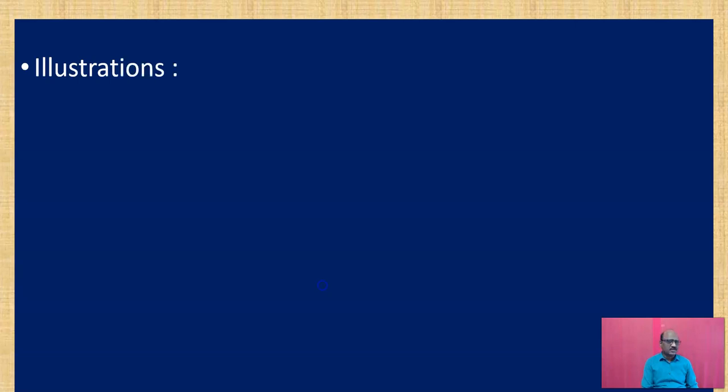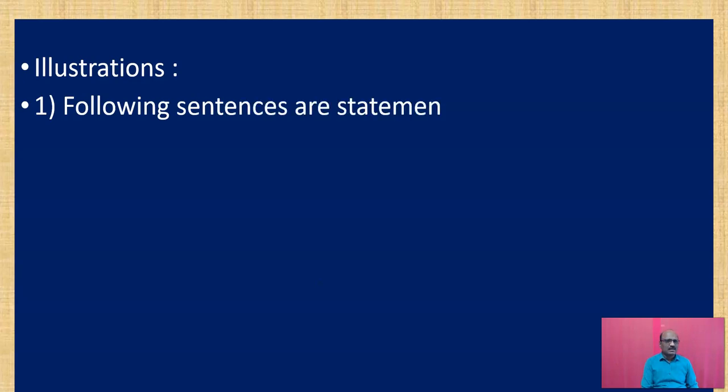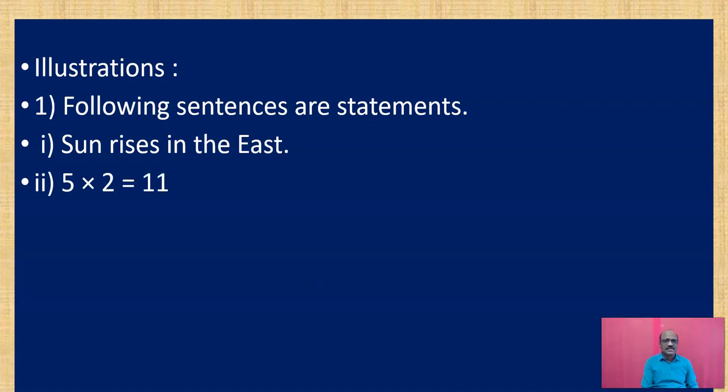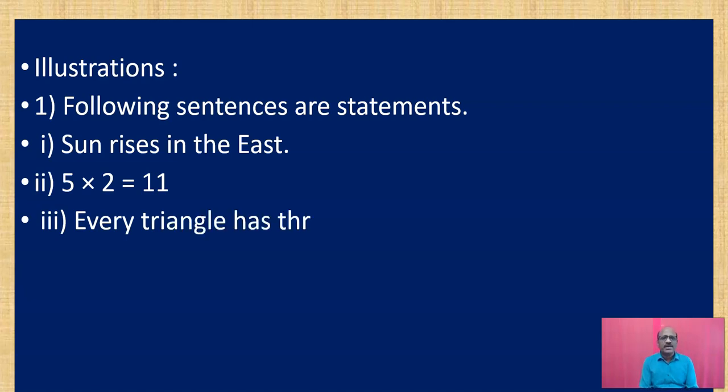Now the illustrations. First, the following sentences are statements. Sun rises in the east. 2 into 5 plus 2 equals 11. Every triangle has 3 sides. Yes, it is a statement.